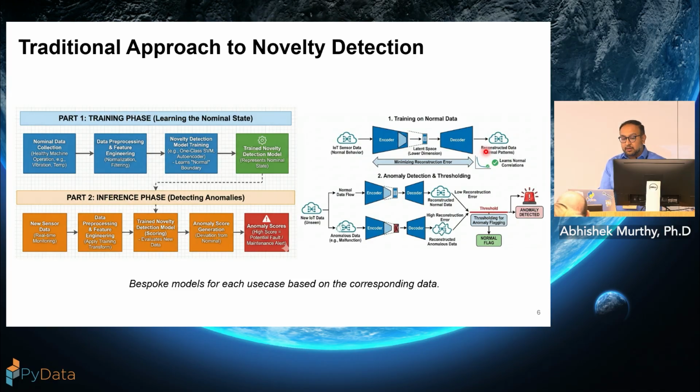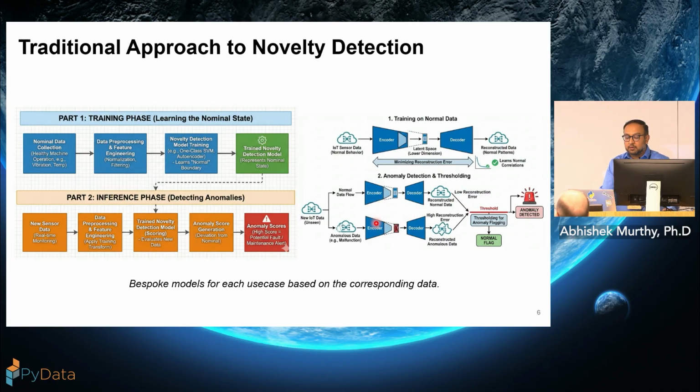Once the encoder and decoder are trained, you send it for inference, and the inference works as follows. You take the new, previously unseen data point, pass it through the encoder, get the low dimensional embedding, and then try to reconstruct the data from that, and compare the reconstruction error to what you saw during training, right? If the reconstruction error is low, then probably what you saw is similar to the training data and therefore is nominal.